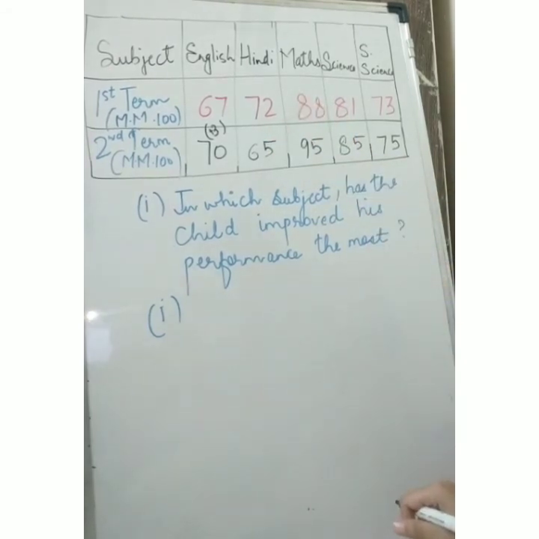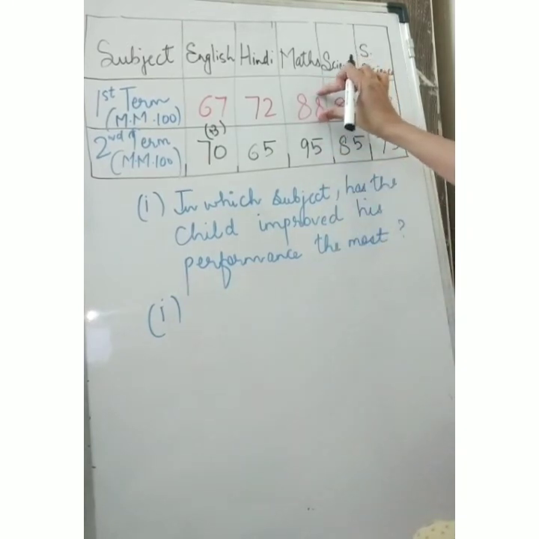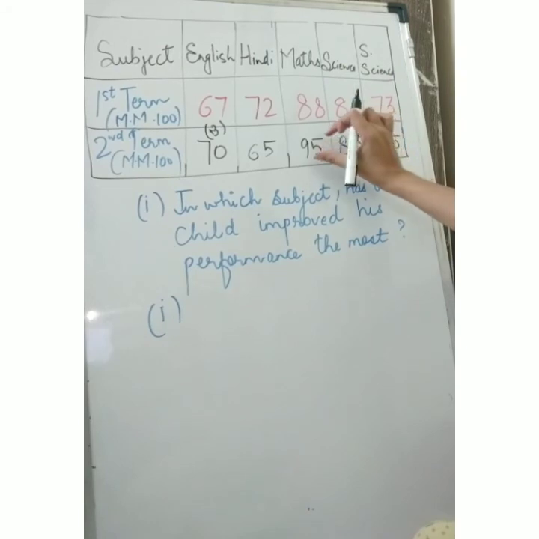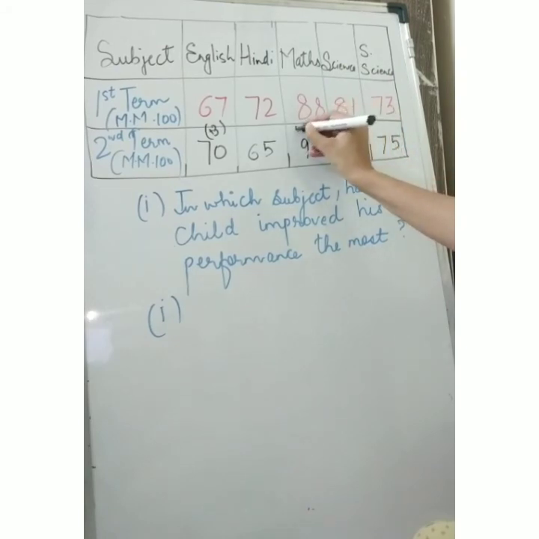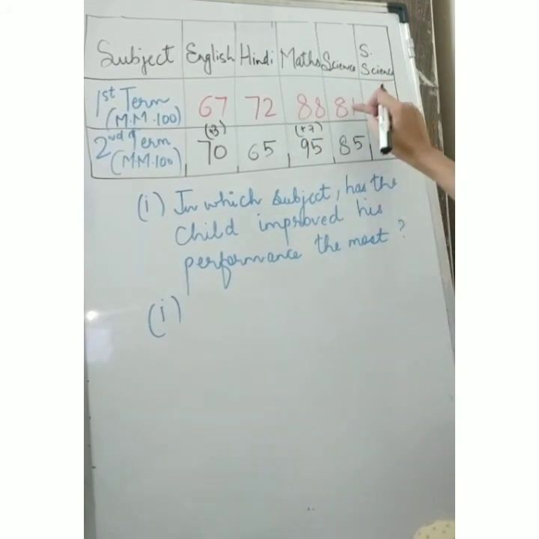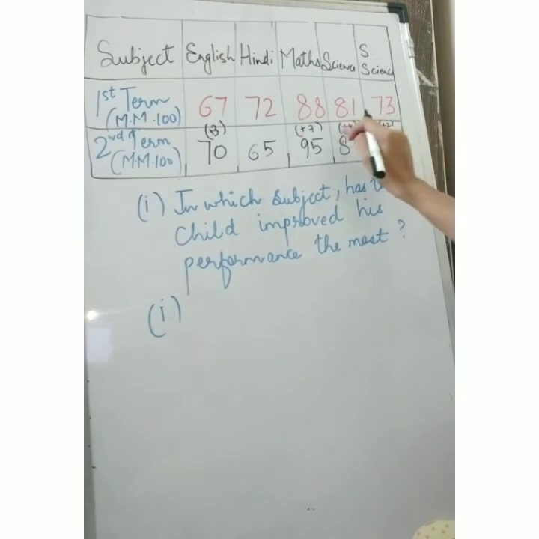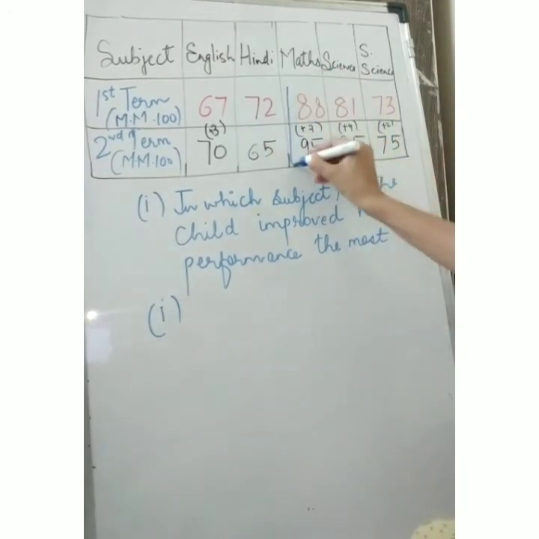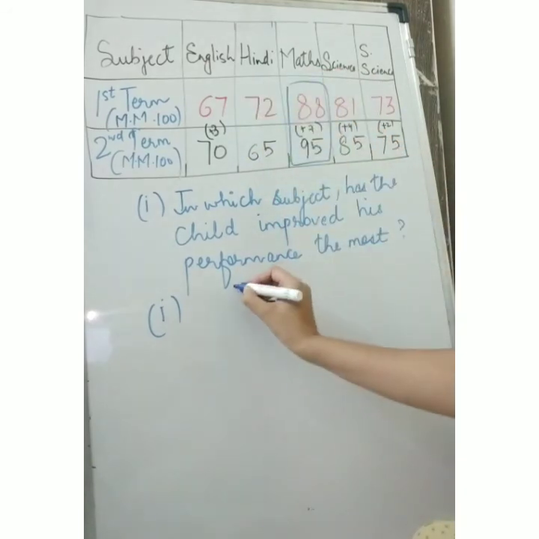So his performance is down, right? In maths, 88 to 95, I think plus 7. So you can write with pencil. 81, 85 plus 4, 73, 75 plus 2. Now 2, 4, 7, 3. So we understood that 7 is the maximum value. So the student improved maximum in which subject, student? In maths. So you will write maths.